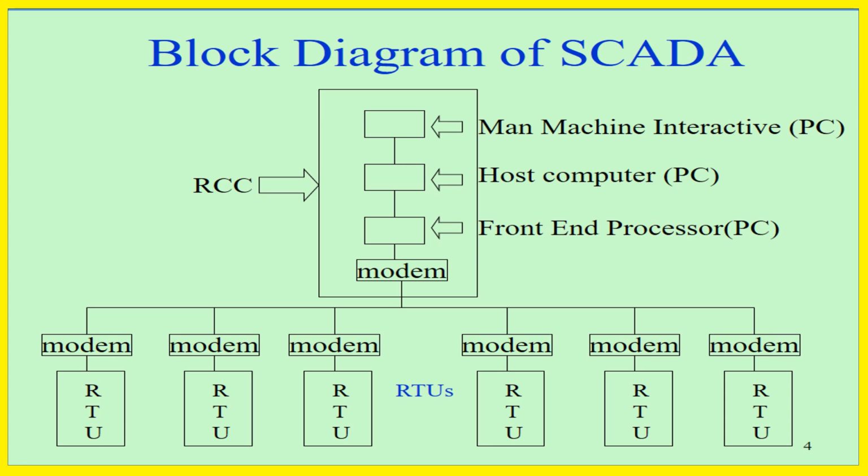Man machine interface, interactive. This is the personal computer from which the TPC is giving the command. As per the company that has taken the contract for this SCADA system, we have to follow their system. It is a very simple system.